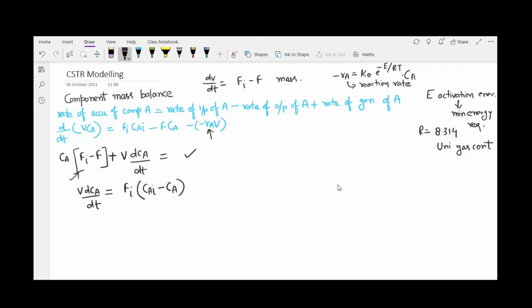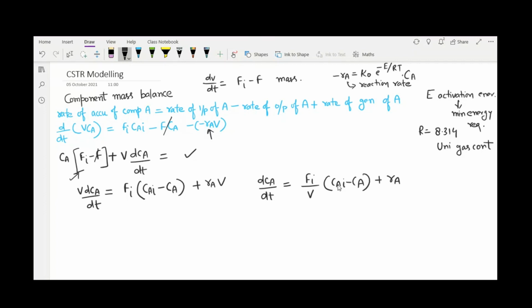Then this minus F into Ca will be cancelled out, and then we will have minus of minus Ra, so we can write plus Ra into V, right? Then we can take volume also to the right hand side. So this will be Fi by V, Cai minus Ca, then plus Ra.